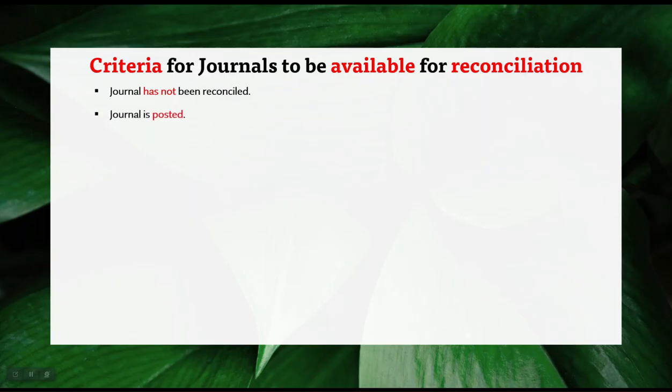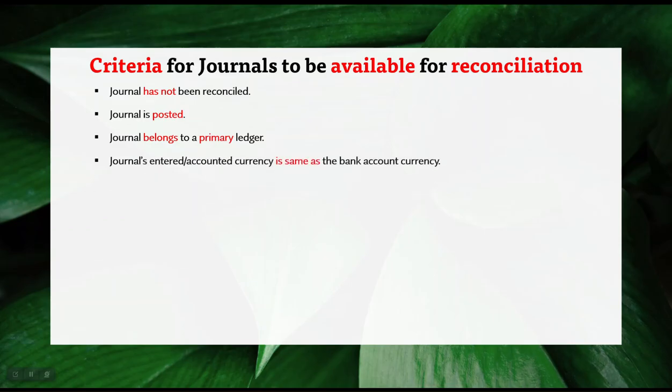Second, the journal is posted. Posted means that it's created and approval, check funds, everything is completed and it is also posted. In case the journal is unposted, it will not be available for reconciliation in cash management. Third, the journal belongs to a primary ledger, not a secondary ledger, reporting currency, or consolidated ledger. Journal entered and accounted currency is the same as the bank account currency.